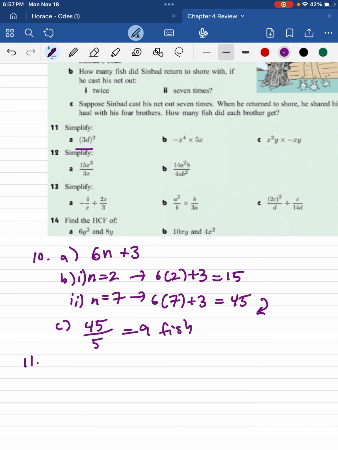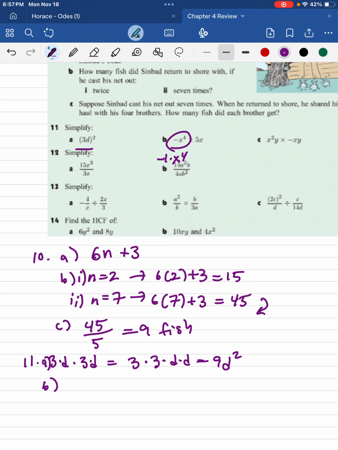Simplify. So here we got to multiply it out. 3d times 3d. Right? Group the numbers together. Group the letters together. We get 9d squared. Okay. Here you have to make note that this thing is the same thing as -1 times x to the 4th.